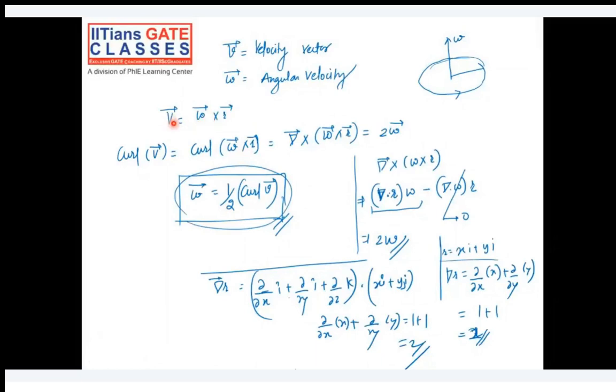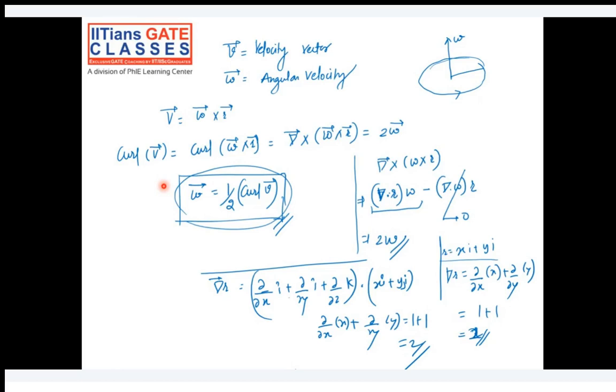Same thing here, but in vector form, v bar is equal to omega bar cross r bar, and we are saying it's a curl of v bar. If you take a curl of v bar, you are trying to check whether that v bar is rotational or not. And curl of v bar is curl of omega bar cross r bar, which you can write as del cross omega bar cross r bar, and that is 2 omega.